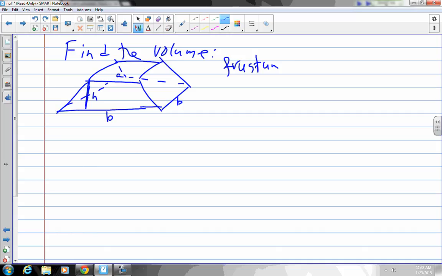So I want to find the volume of that shape. Okay? How can we do that with everything that we talked about? We're not rotating anything. We just have a geometrical object. Well, maybe, but I want to derive that. I don't know what the formula is, because the formula is well known. It's nothing new, but I want to see what we can come up with.